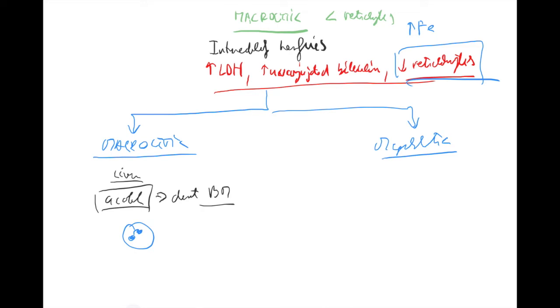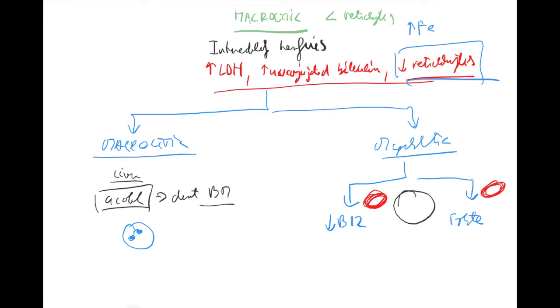In contrast, with megaloblastic, if you don't have enough B12 or folate, that's why we call it megaloblastic, you're going to have, first of all, big but rather oval erythrocytes. And then, that's crucial, polysegmented neutrophils. Again, they're not able to divide so well in the bone marrow, so they are older and have more segments.